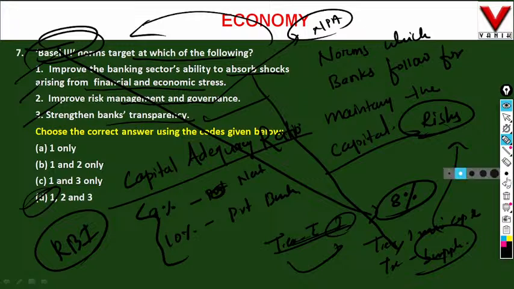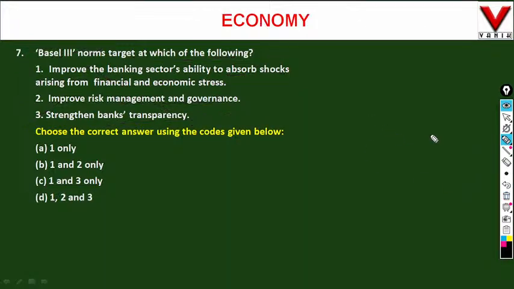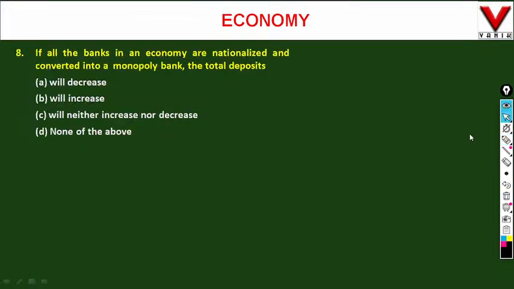Next question. If all the banks are nationalized and converted into a monopoly bank, then the total deposits will increase, will decrease, will neither increase nor decrease, or none of the above.